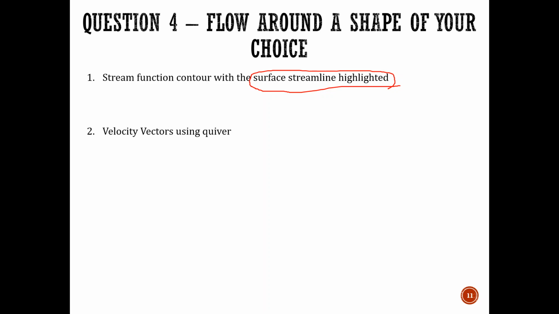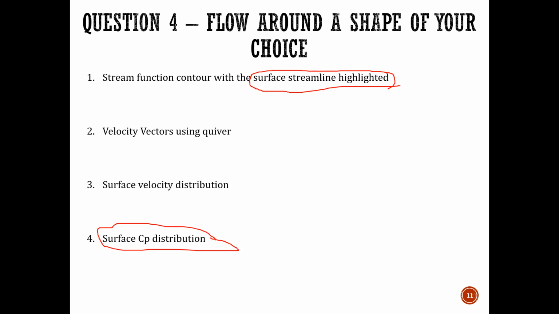So you differentiate the stream function, and then you solve for u and v, and then you plot them. And surface velocity distribution. Basically, you plug in the x and y coordinates of the surface in the u and v velocity vector equation and get the surface velocity. From there, you can actually get the CP distribution, right?